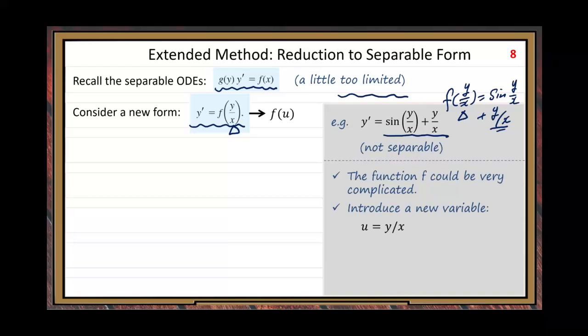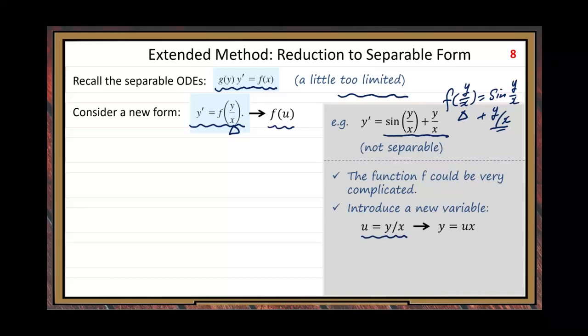Then the right-hand side is very simple. It becomes f of u. But the left-hand side we also need to change. Y prime should have a different form. So let's look at the y prime part. From the initial assumption, u equals y over x, we can write y equals ux.